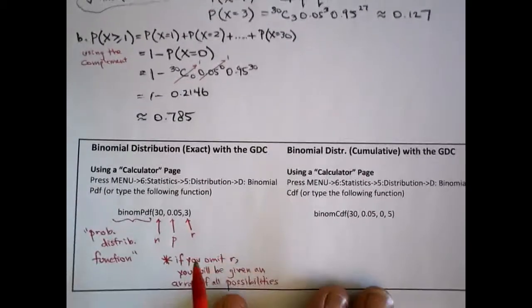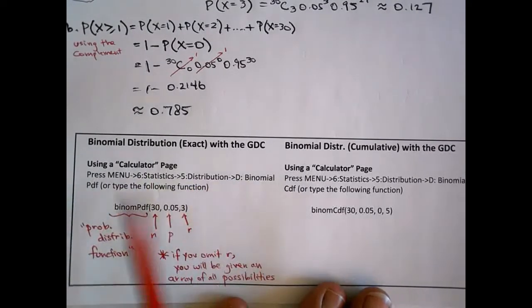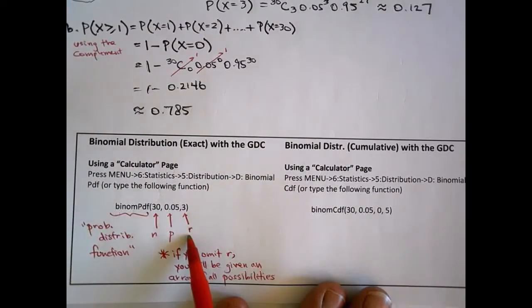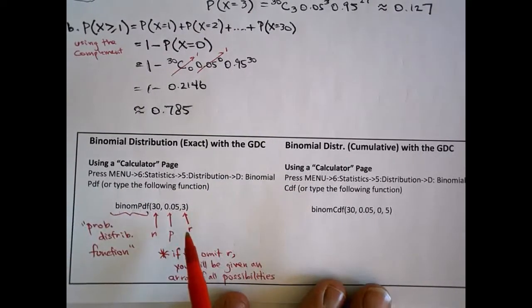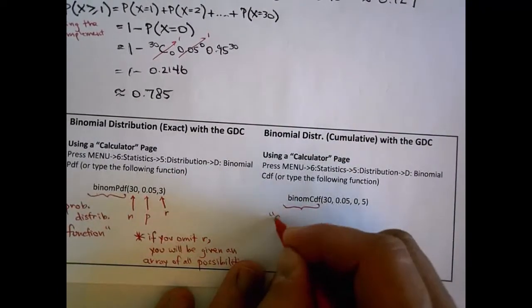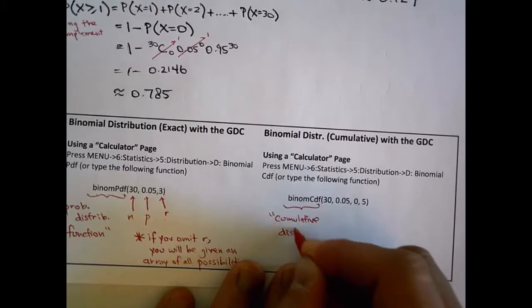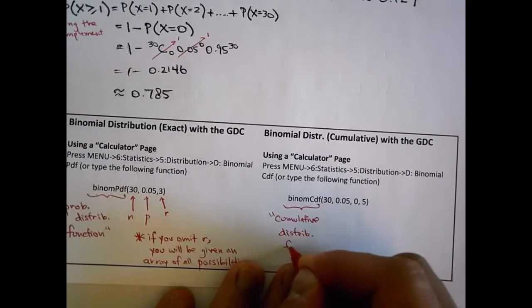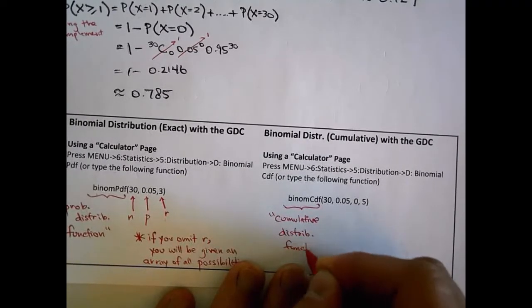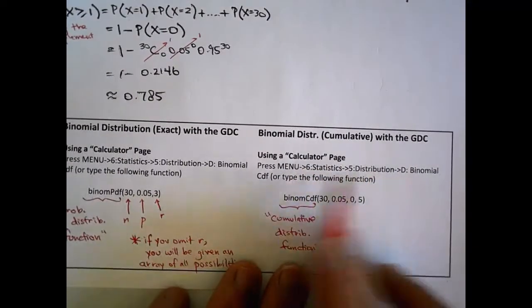So like we just showed you, this binomial PDF, which was statistics distribution binomial PDF, is when you're trying to find one r value, which is probably not something you're going to do as often. We're more interested in the cumulative distribution function. So this is menu statistics binomial CDF.